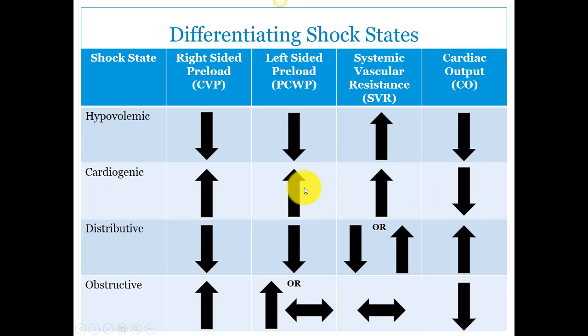But what the difference is, you'll see an increase in the pressure on the right and left side of the heart, the preload on the right and left side of the heart, because the left ventricle isn't able to pump as well, and so fluid backs up into the lungs. If fluid backs up into the lungs, lung sounds are going to be different, obviously, between cardiogenic shock and hypovolemic shock.